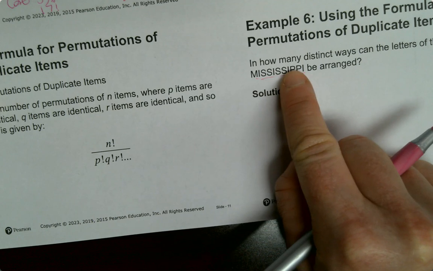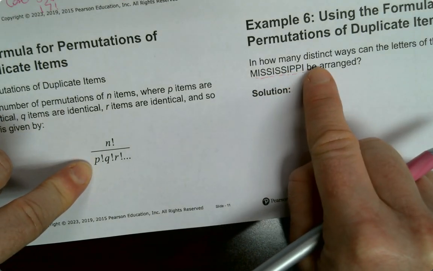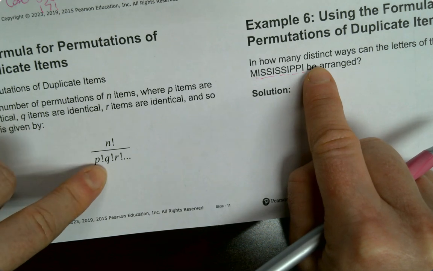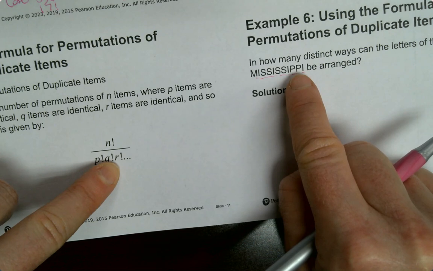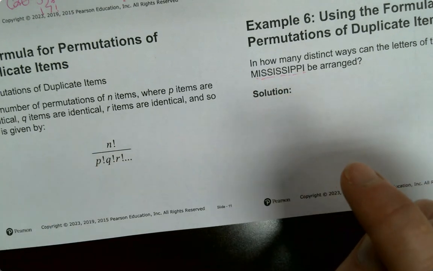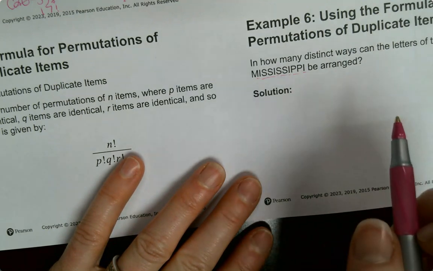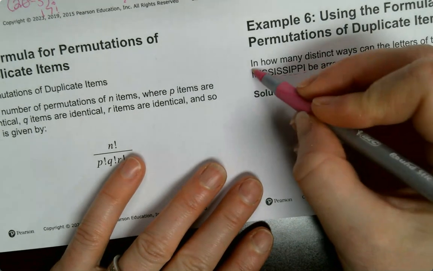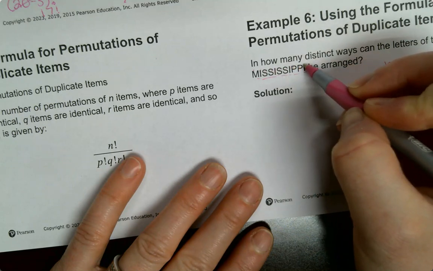So here we have 4 S's, so P would be 4. We have 4 I's, so Q would be 4. We have 2 P's, so R would be 2. Okay. So we're looking at what are the repeats. First we need to figure out what N is: 1, 2, 3, 4, 5, 6, 7, 8, 9, 10, 11.